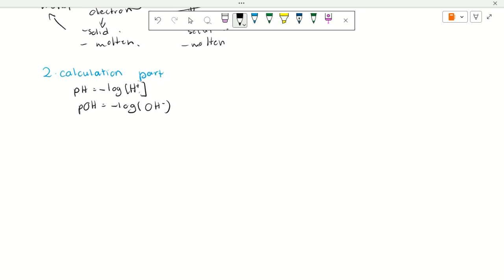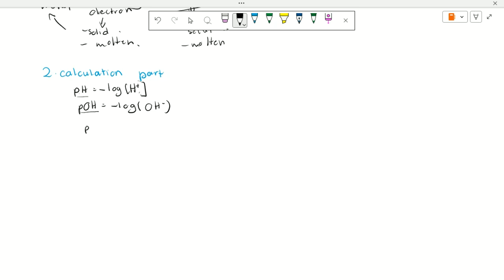So, this is tricky. If they want pOH, you use this. But what if they give you the concentration of hydroxide ion, but they want pH? How do you do it?